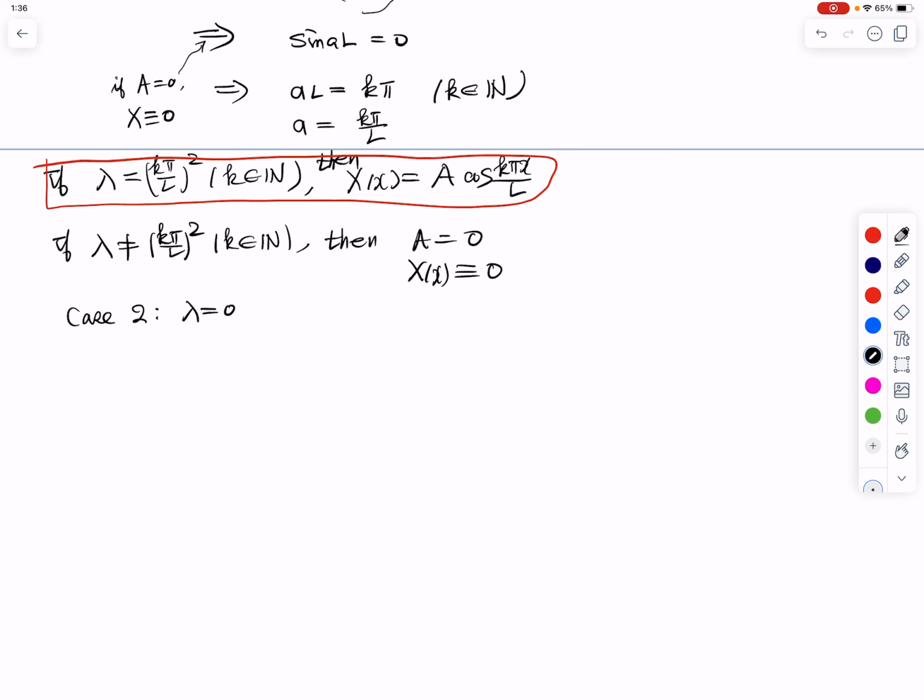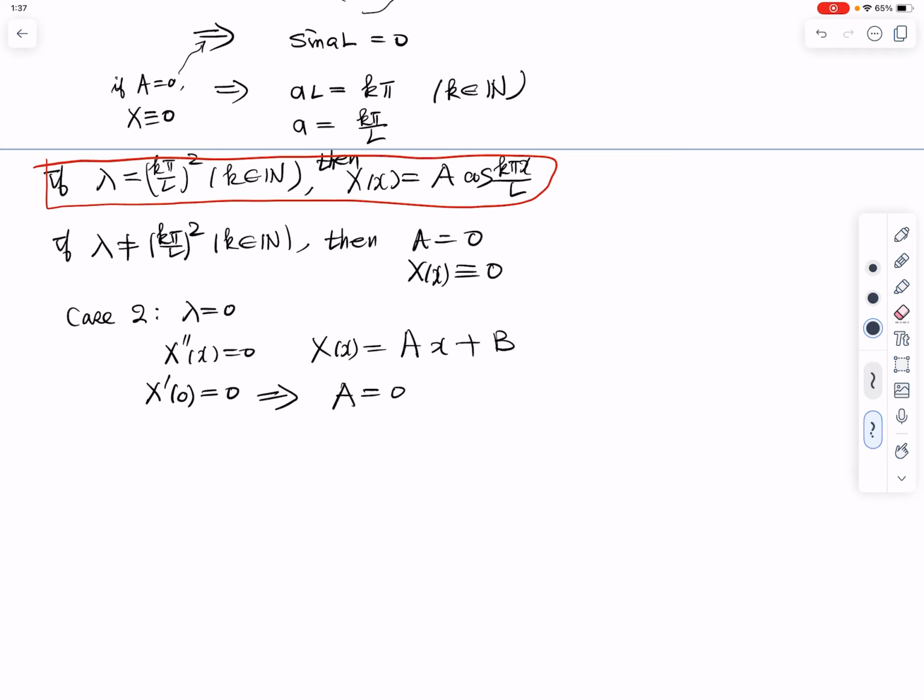Then x double prime should be 0, so x(x) equals ax plus b, where a and b are constants. Then x prime 0 equals 0 implies a equals 0, and then x prime L should also be 0.